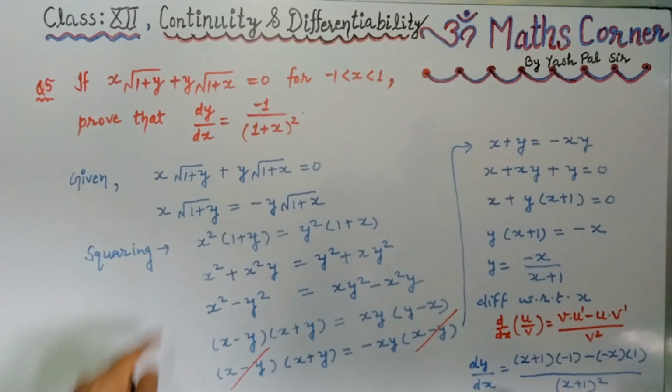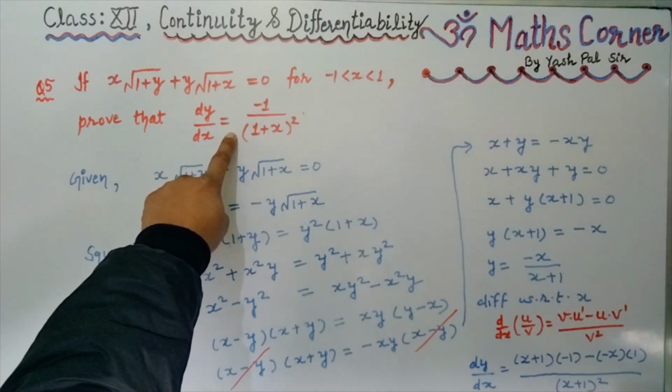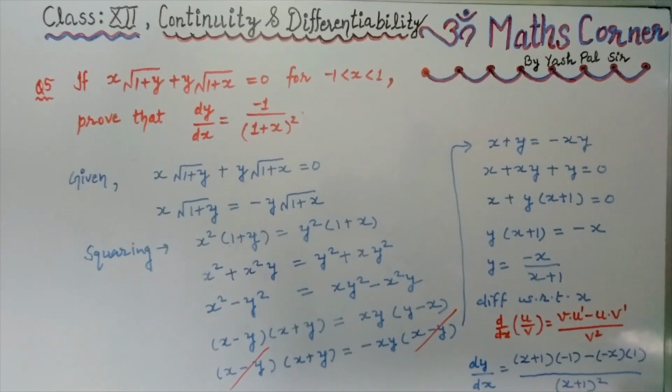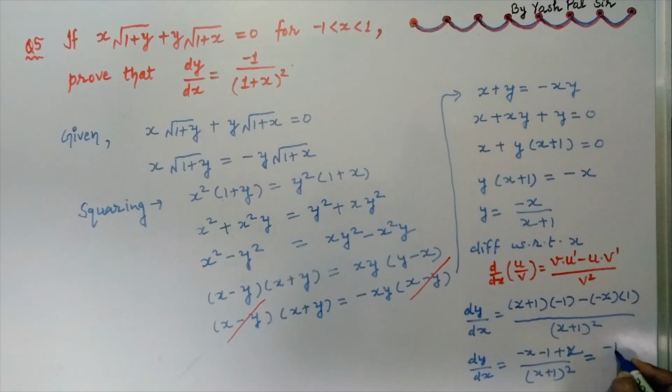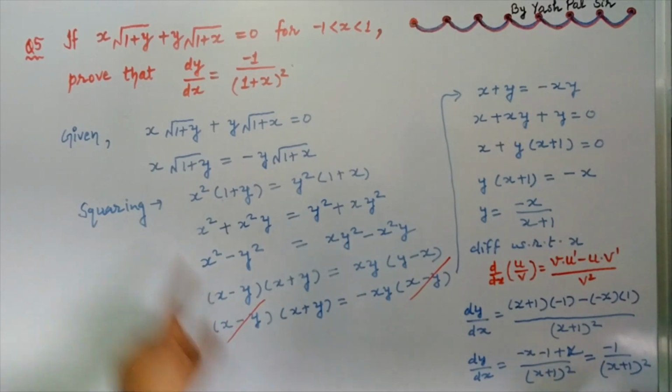On solving, we see dy dx becomes minus x minus 1 plus x, divided by x plus 1 whole square. The x plus x cancelled, so we have minus 1 upon x plus 1 whole square. So this was what we wanted to prove.